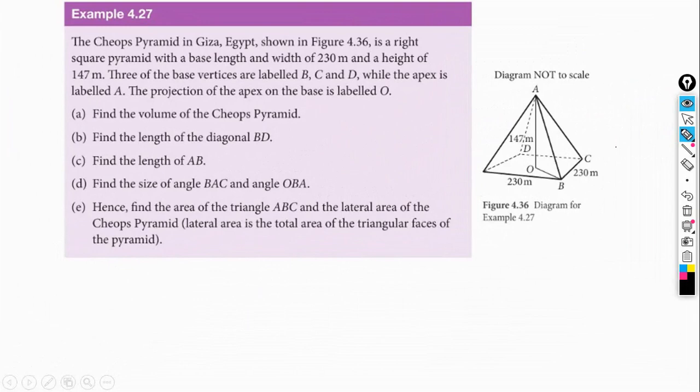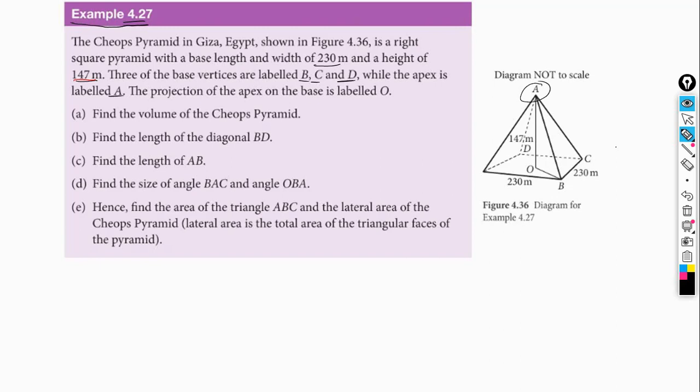So next we're going to do example 4.27, which will be the last one on this video. And it says, the Cheops Pyramid in Giza, Egypt, shown in figure 4.36, is a right square pyramid with a base length and width of 230 meters and a height of 147 meters. 3 of the base vertices are labeled B, C, and D, while the apex is labeled A. So this is the apex of the pyramid.